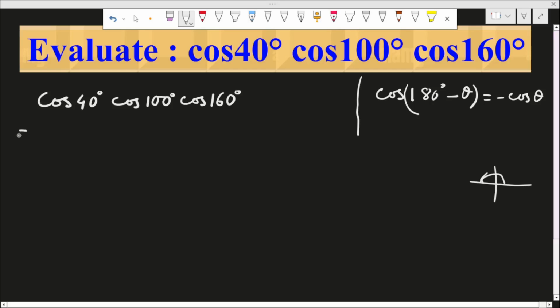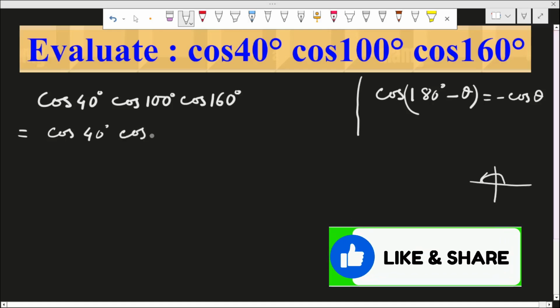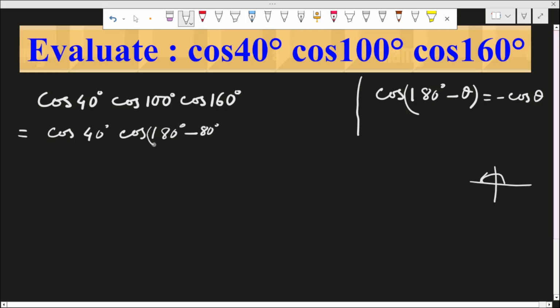Write cos 40 degree, cos of 180 degree minus 80 degree, because if we subtract 80 degree from 180 degree we will have 100 degree. So we have written exactly the same thing in a different form.